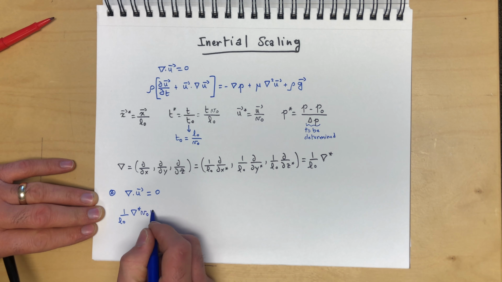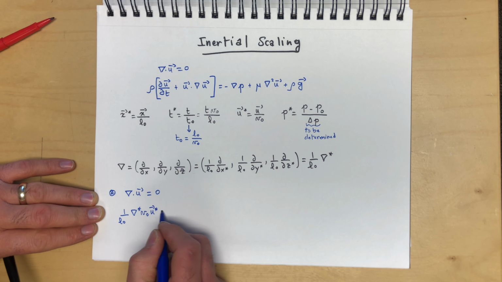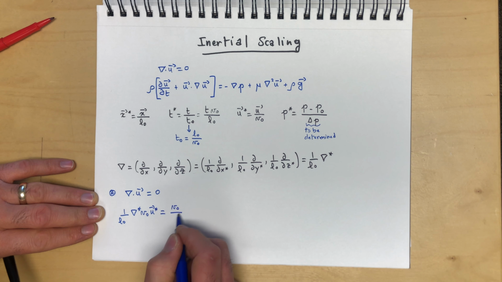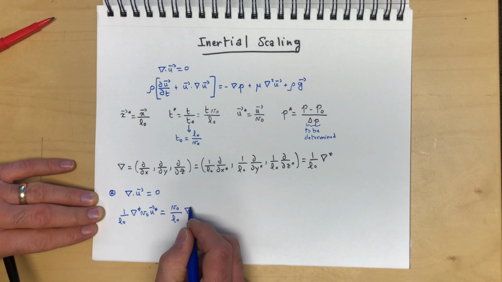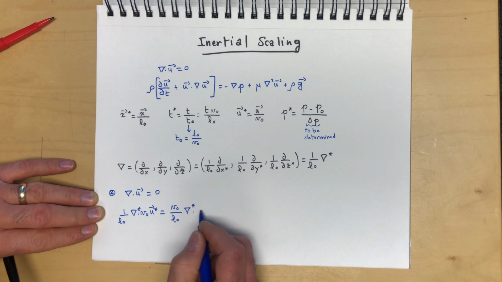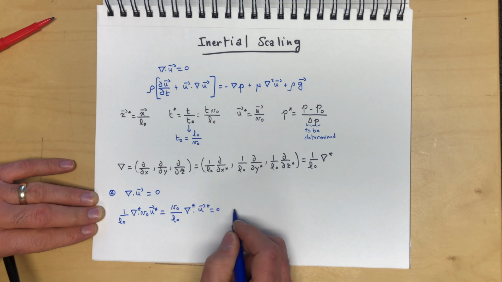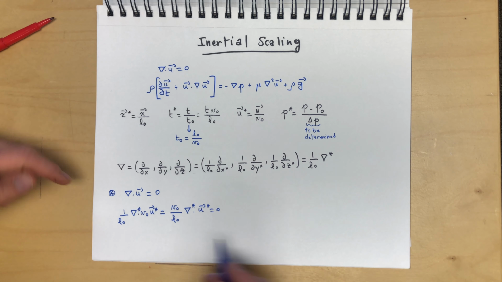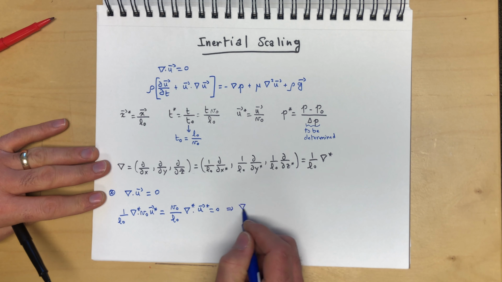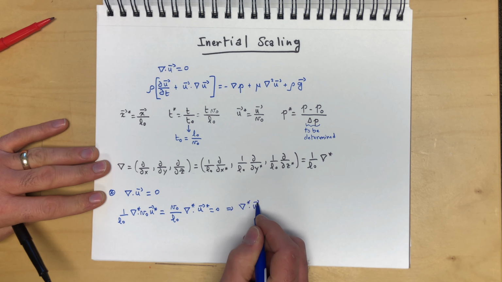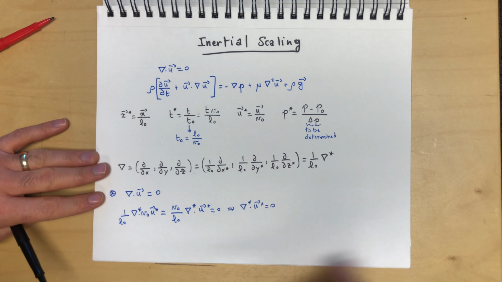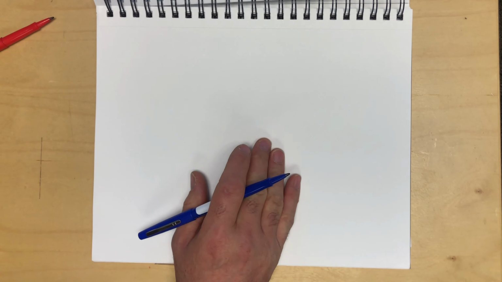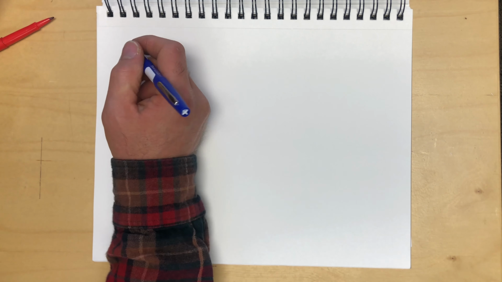So we have V0 over L0 div u star equal to 0. But since that's equal to 0, these scales do not matter, so the continuity equation remains unchanged.